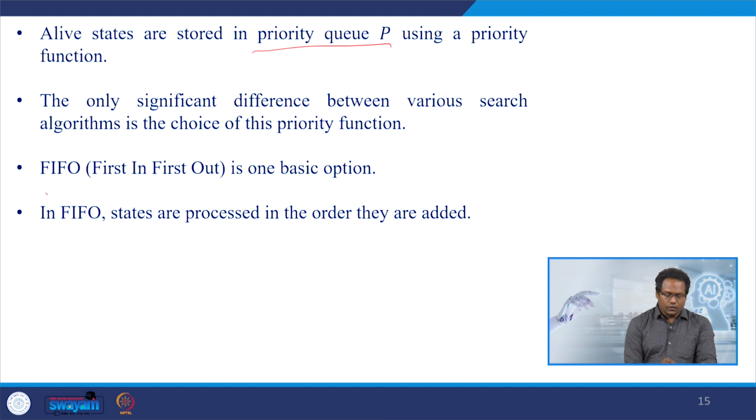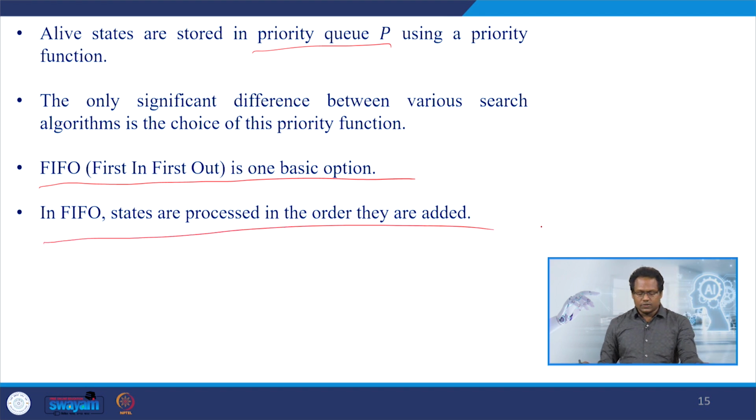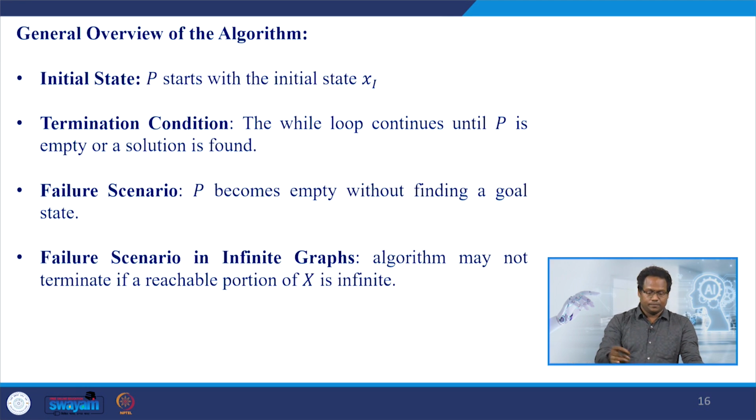First in, first out (FIFO) is one basic option for this priority function. In FIFO, states are processed in the order they are added into the priority queue P.